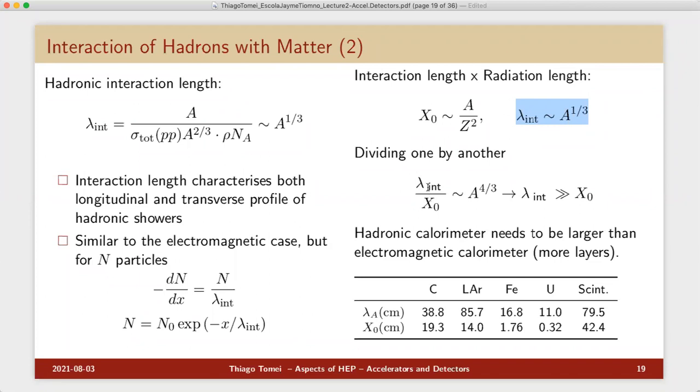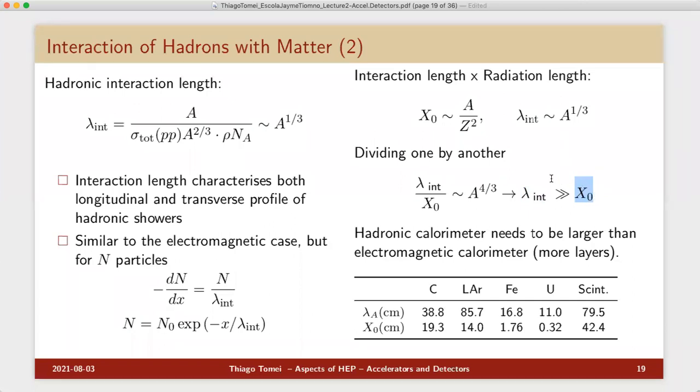So if you divide one by the other, it turns out to be A to the 4/3, which for essentially everything that is not hydrogen, so, for essentially every material, turns out that the interaction length is much larger than the radiation length.